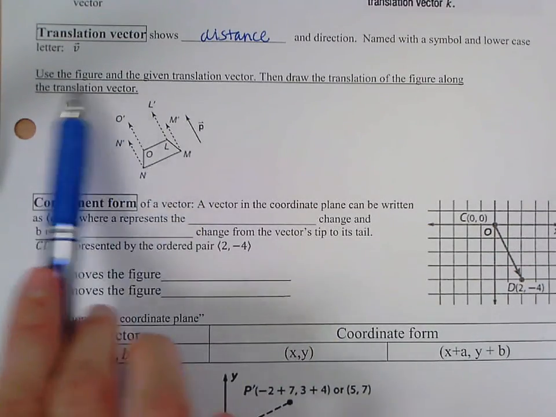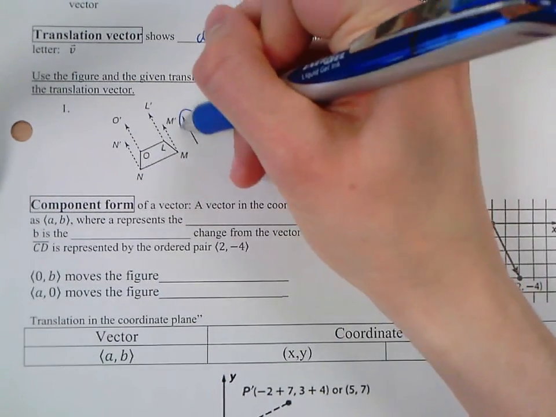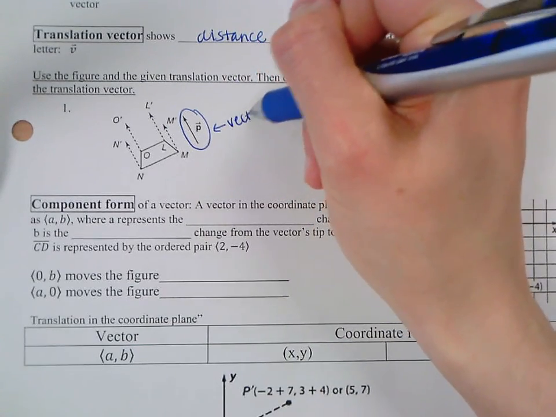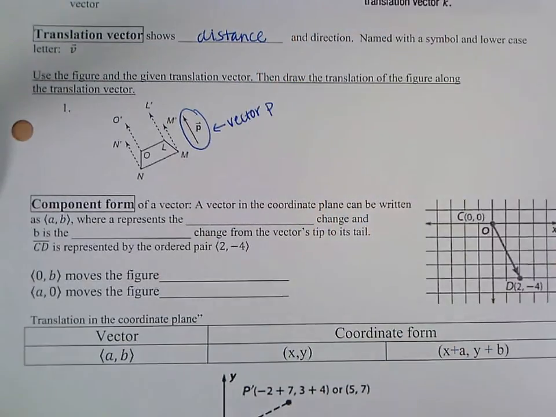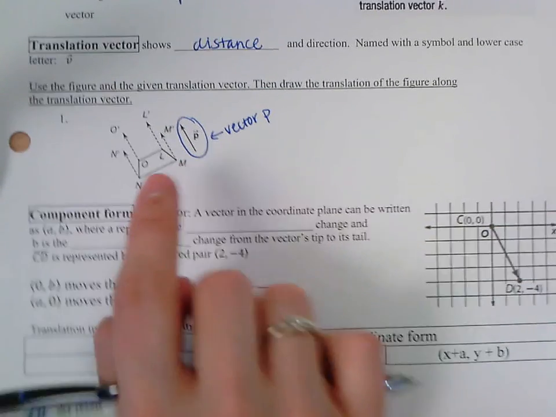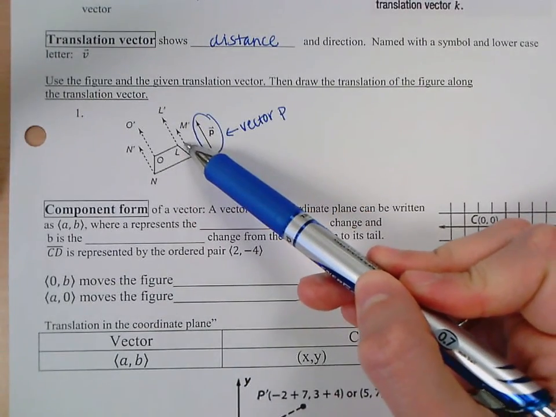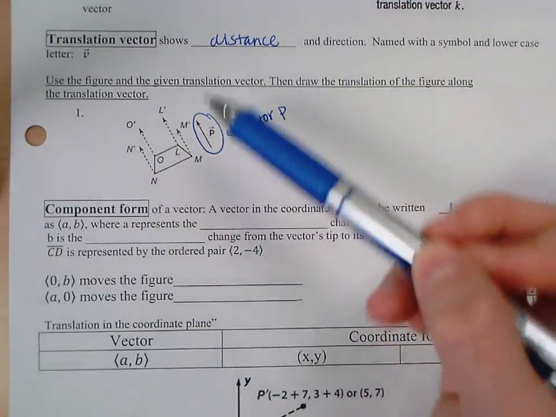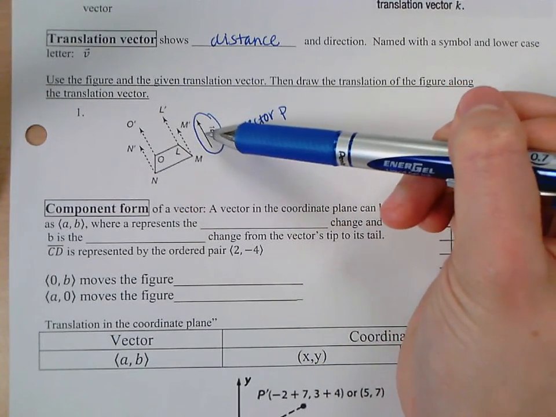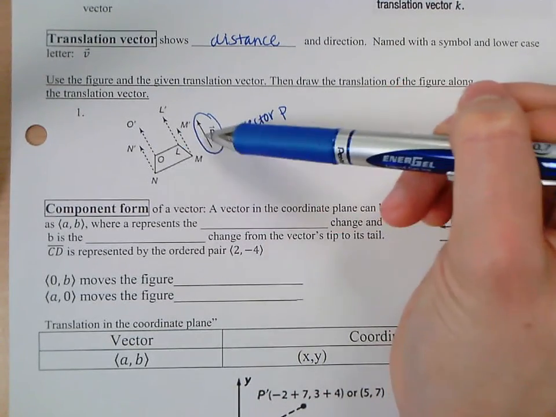But this says use the figure in the given translation vector, draw the translation of the figure along the transformation vector. So here's the vector. This would be vector P. And so if I wanted to translate this object, LMNO, that trapezoid, along vector P or using vector P, these dashed rays that are coming out of each vertex are parallel to vector P. So you would draw a parallel ray from each vertex.